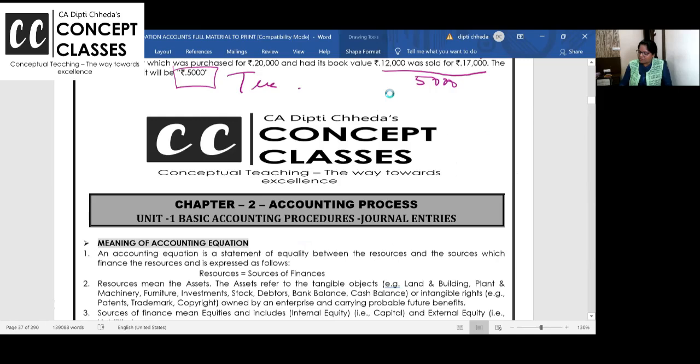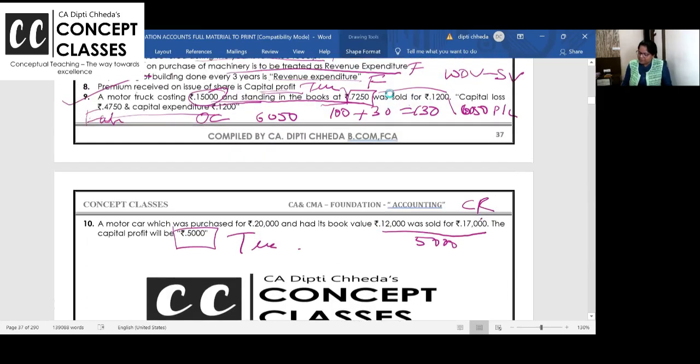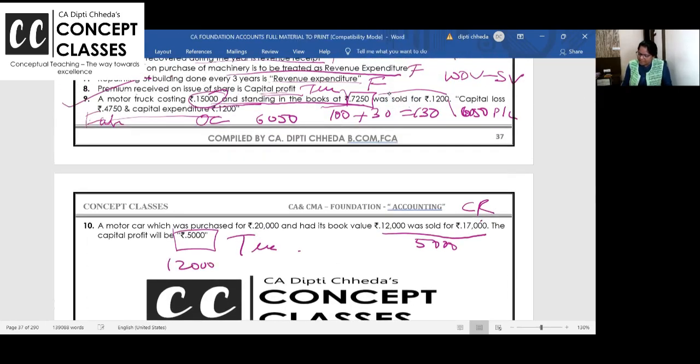Confusion. Loss means it goes to revenue. 1 minute. 12,000 asset. When you have sold for 17,000, 17,000 includes 5,000 receipt. So 17,000 is the receipt on sale of the motor car. It's a capital receipt. This capital receipt includes 5,000 profit also.